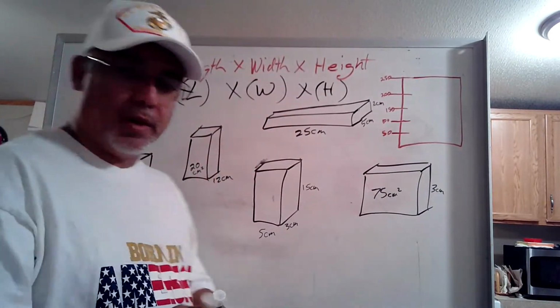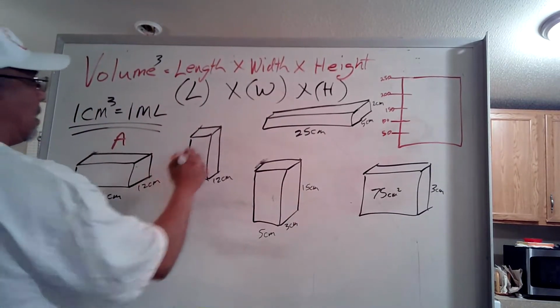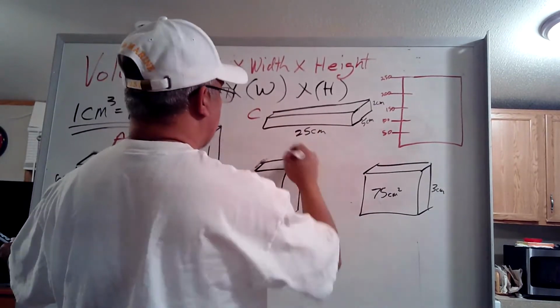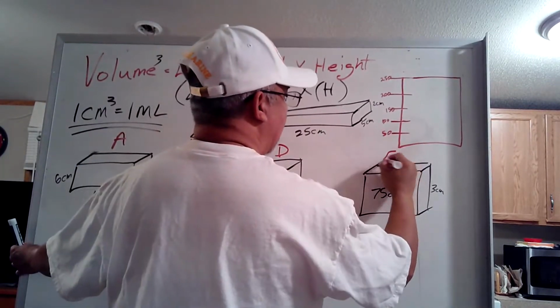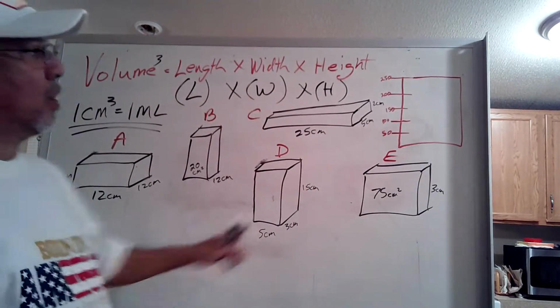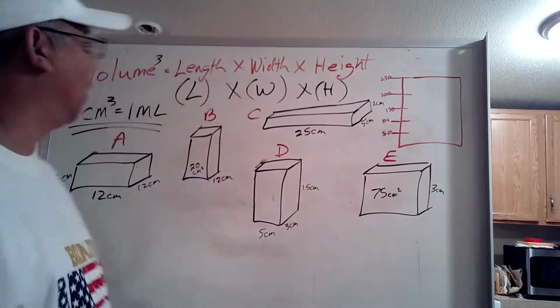Just to do this a little bit better, I'm going to call this A here, B here, C here, D here, and E here. We'll figure out what letters will fit in the beaker and which ones will not.